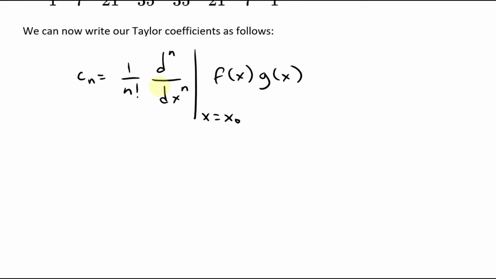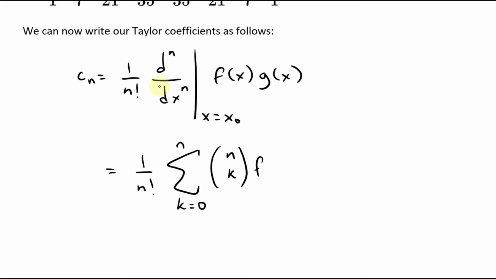So now this is going to be a summation. This equals 1 over n factorial, summation up to n for the nth derivative, with k equals 0. This is n choose k, and then it's going to be the kth derivative of f of x.